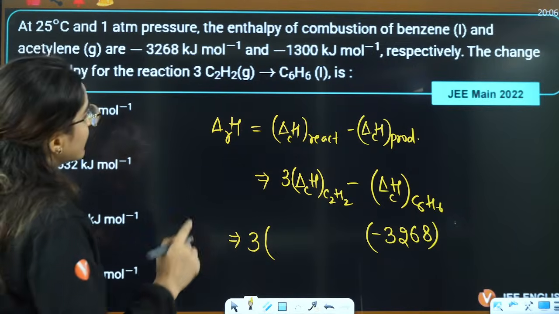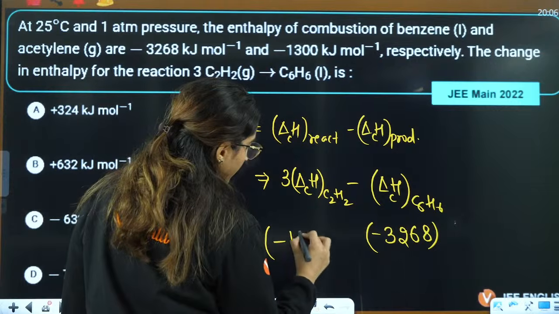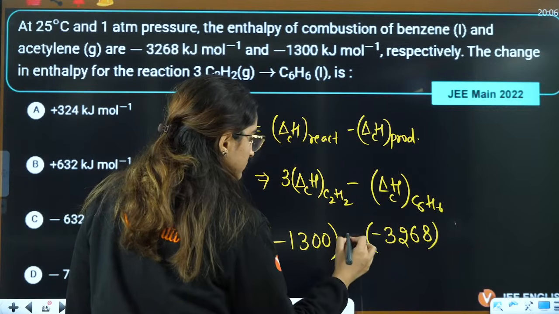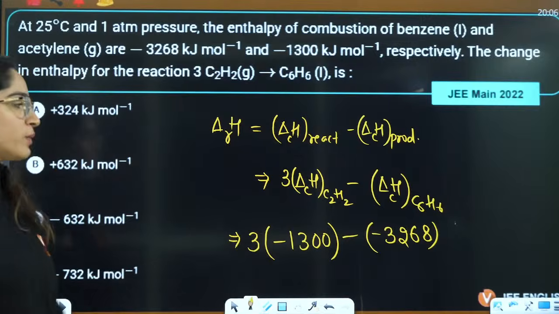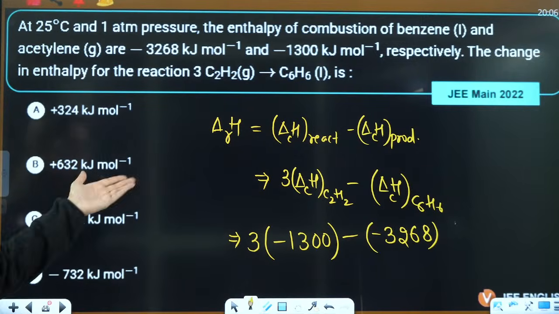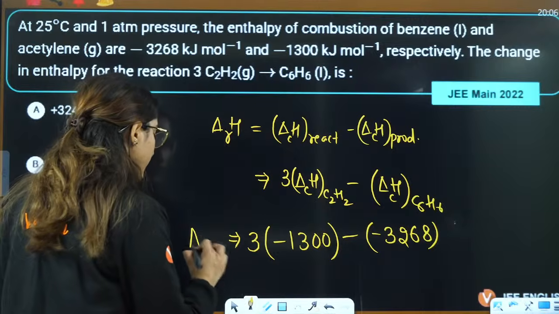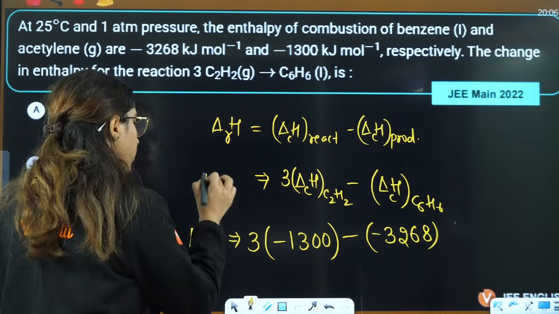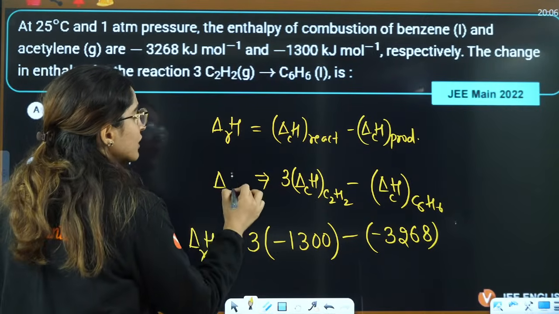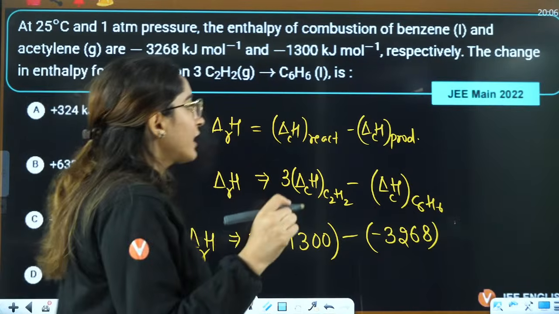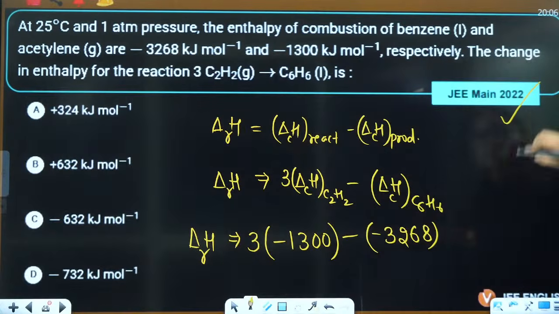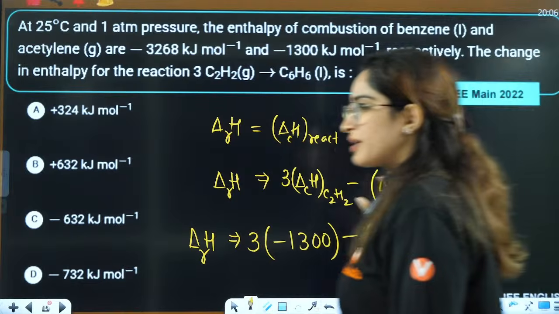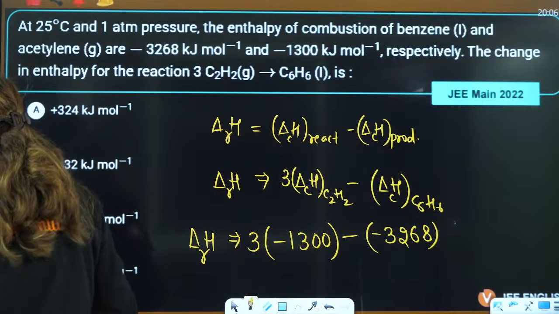Acetylene is given to be minus 1300. Solve this and you will get your answer. This will be the delta H of reaction, reactant minus product. Latest question, JEE 2022. The calculation, the application part, is not difficult here.